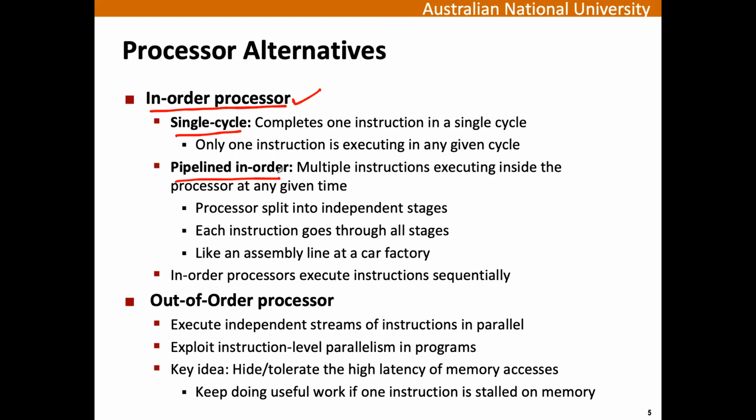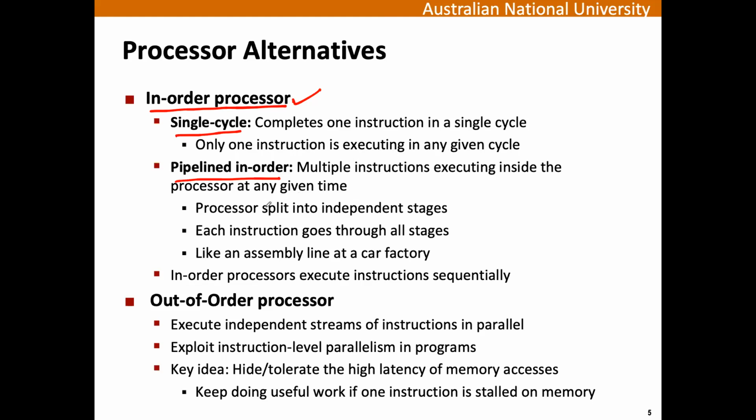Now, we want to speed things up. We want to exploit some parallelism. Just like in real life, we want to do more things per unit of time. In one cycle, we want to execute as many instructions as we can. One way to do that is to use pipelining.